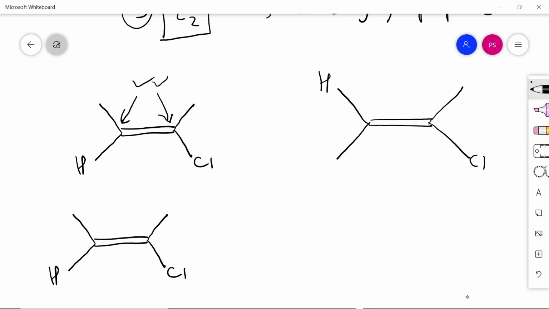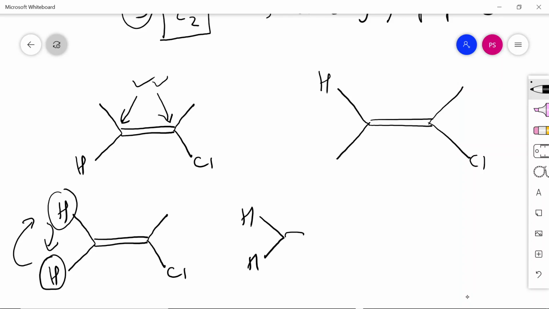For example, if I put one hydrogen here, no cis-trans isomerism is possible here. Why? Because if I change these two hydrogens, I will get the same compound. Move this hydrogen here and one hydrogen here, I will get the same compound, CH3 here, Cl. So no geometrical isomerism is possible here.